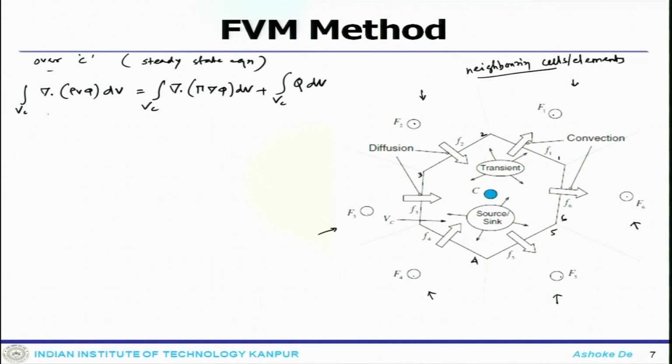Once you do that, you use the divergence theorem and convert them to surface integrals. So, now the integral of rho V phi dot dS equals the integral of gamma del phi dot dS plus the source term, which remains as a volume integral.